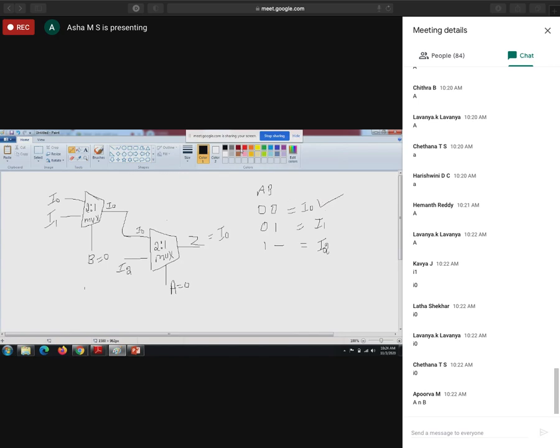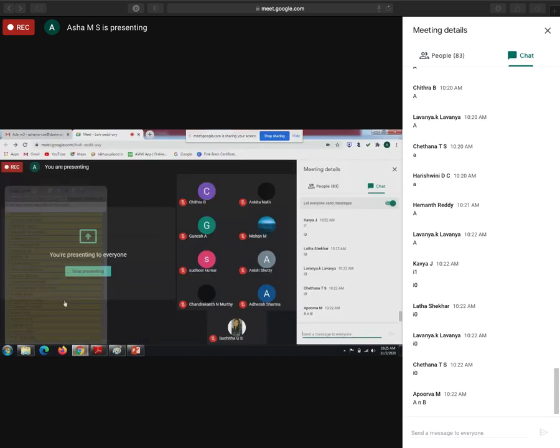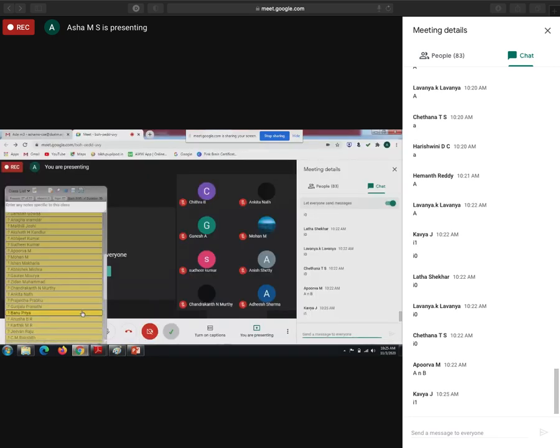I will represent all three conditions in different colors. Second condition, A equal to 0, B equal to 1. Let's check from the first multiplexer. When B equal to 1, which data input will be selected?